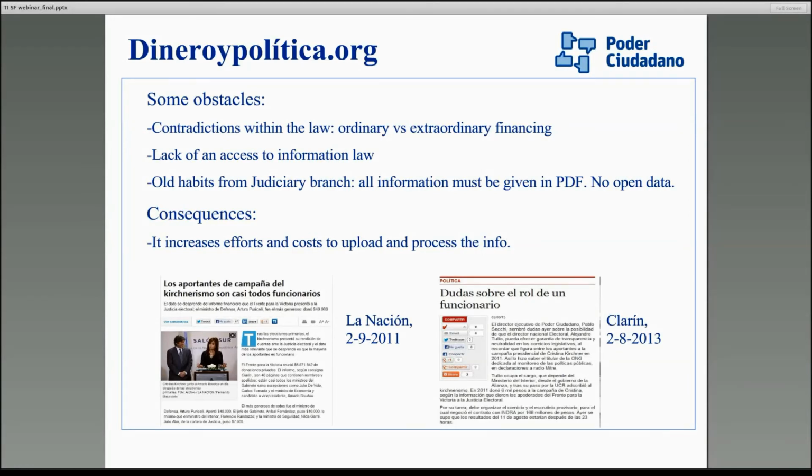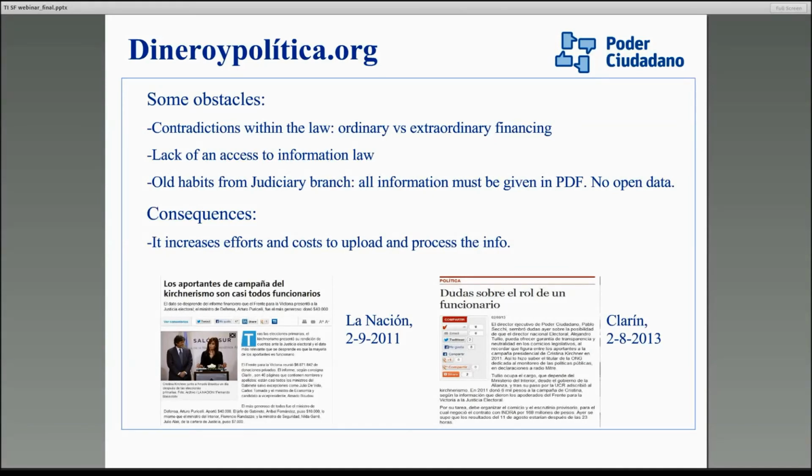For example, they only give us the information in a PDF format. We have had many meetings asking them to give us an open format, but they still think that the PDF is more secure. So this is our main obstacle, because it makes all the process slower and more expensive.